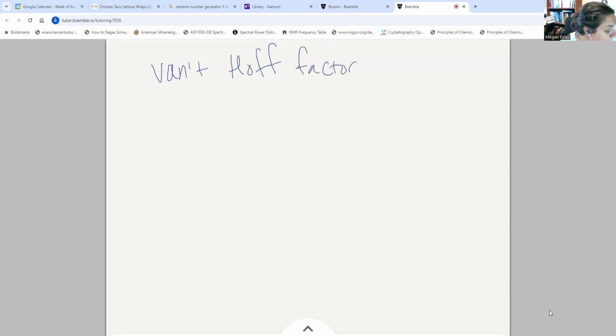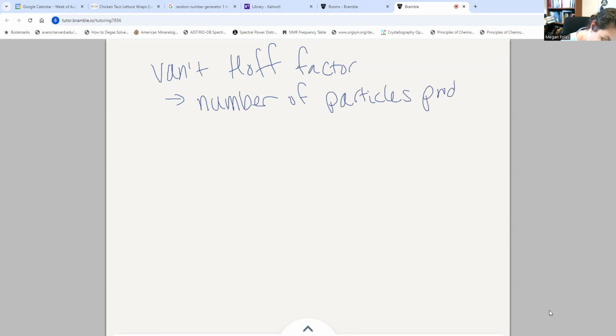I don't really know. The Van't Hoff factor takes into account the number of particles that are being produced when dissolving a solute into a solvent.